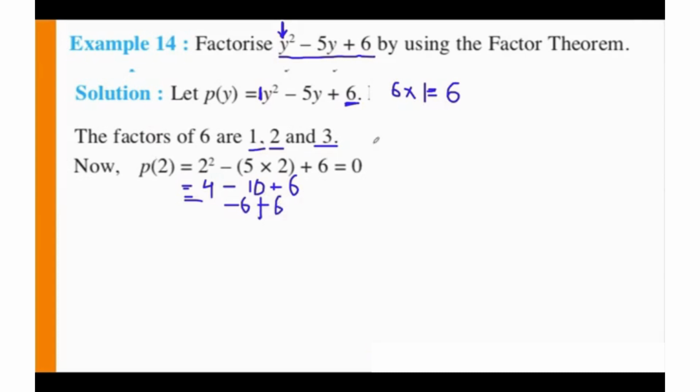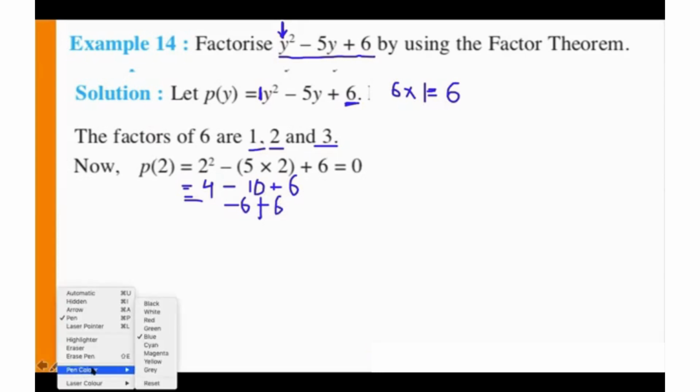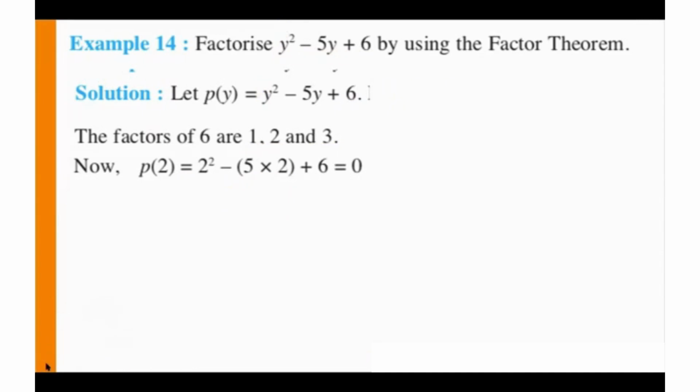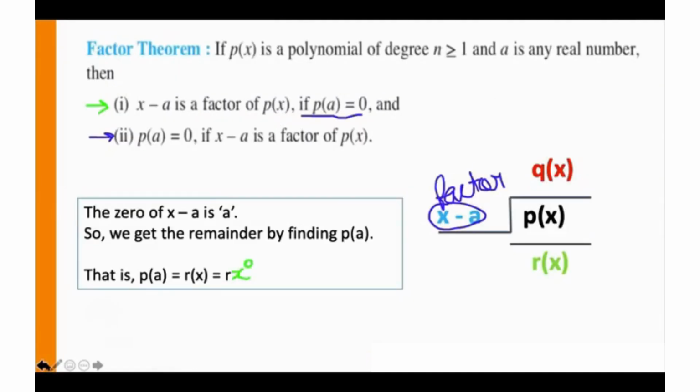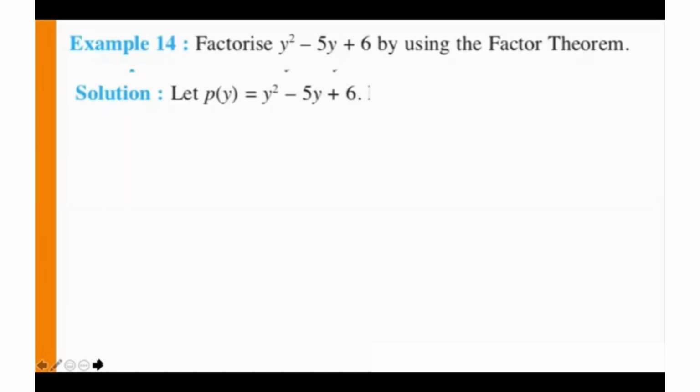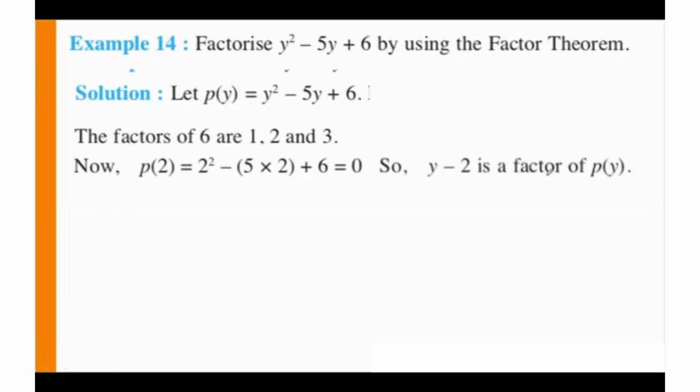That means p of 2 is 0. If p of 2 is 0, then according to the factor theorem, if p of a is 0, then x minus a is a factor. So because p of 2 is 0, and the variable here is y, therefore y minus 2 is a factor of this polynomial. So we have found one of its factors, which is y minus 2.